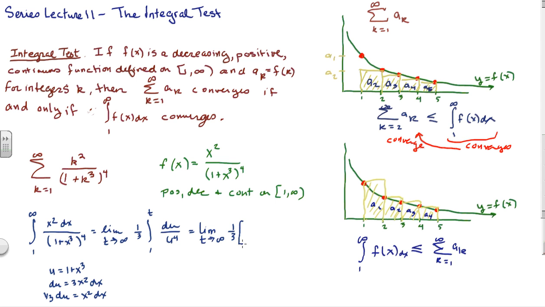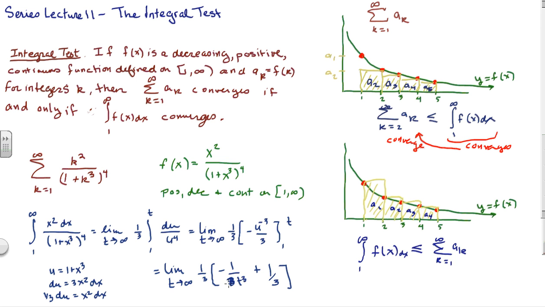That gives negative u to the negative 3 over 3, from 1 to t, which is the limit as t goes to infinity of 1/3 times negative 1 over 3t cubed, plus 1/3.